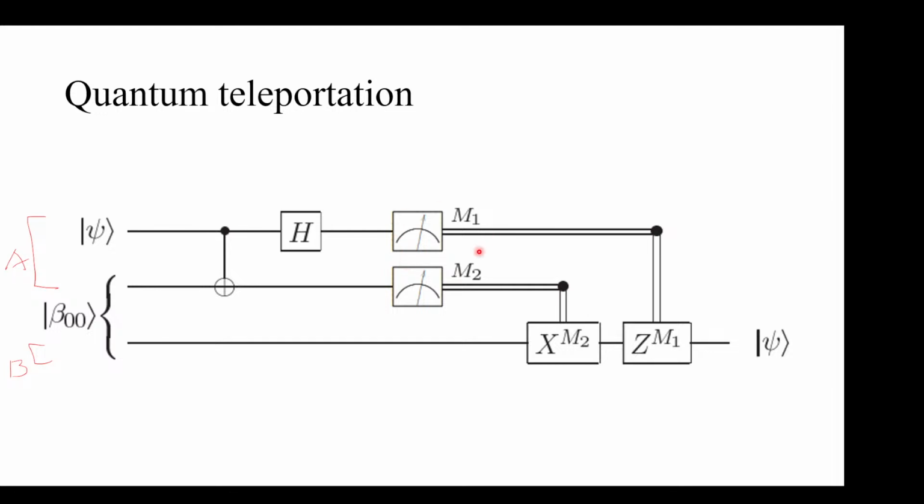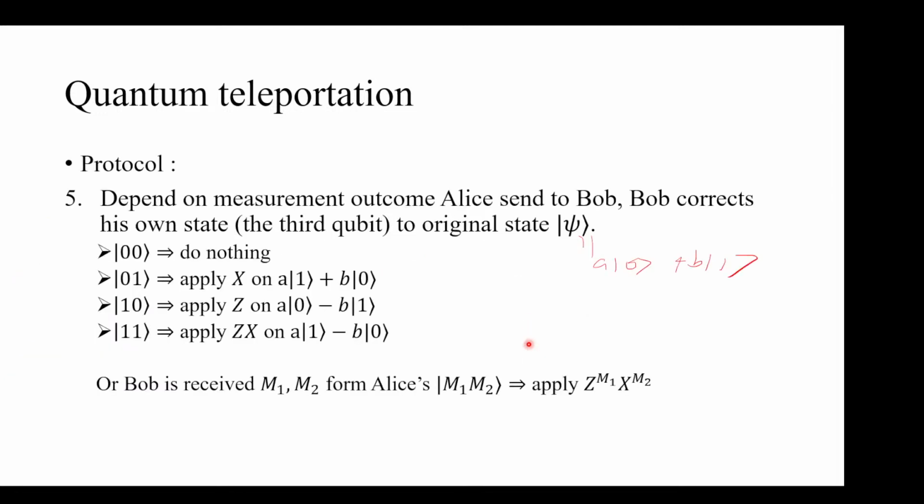Then Alice needs to send the measurement result to Bob, and Bob will apply some correction. So if the second qubit result is M2, then Bob needs to do X to the M2. X to the M2 means that if M2 is 0, then don't do X, and if M2 is 1, then apply the X gate.